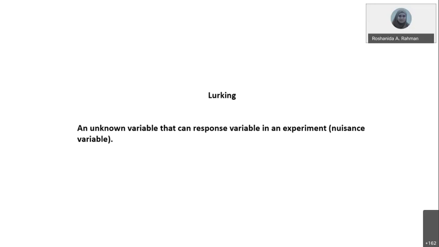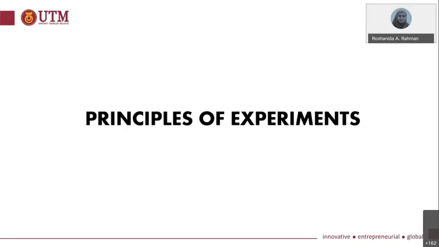We call these lurking variables. We don't know what they are, so they affect your study, but we don't know what they are. So we finished that part. You have to know that we have 4 types of variables, but the most important variables you should know are factors and response.